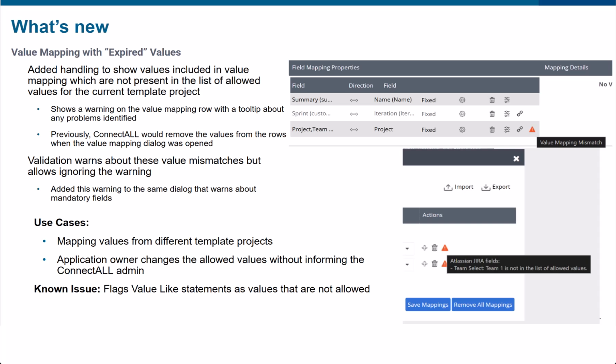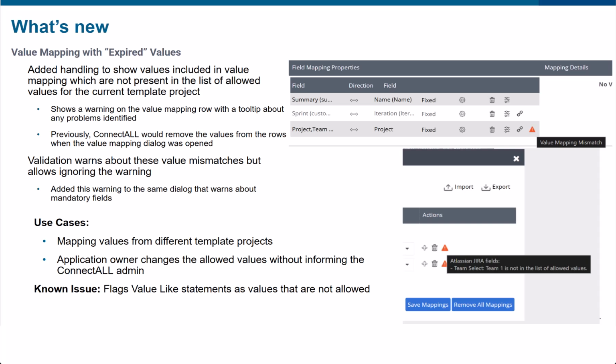Previously, what would have happened is that ConnectALL would have removed the values when you opened it for editing. And so you would get a partially disconfigured row with no direct pointer to where the problem was, which could lead to corrupting your value mapping when you saved or not being allowed to save or update that value mapping.